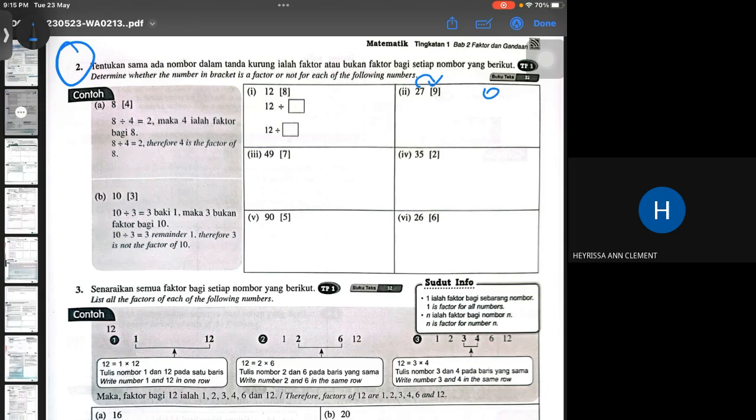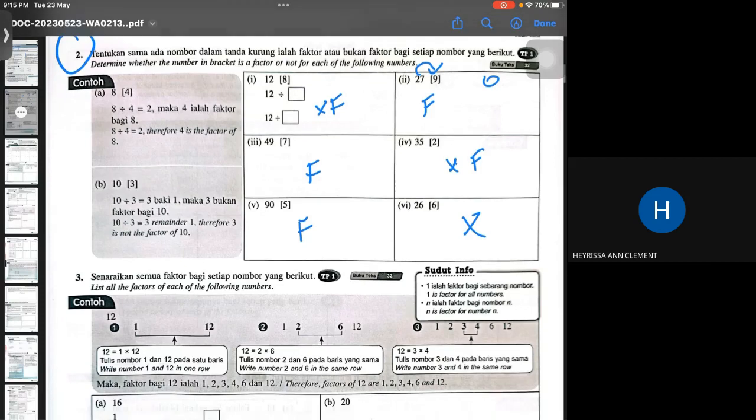Okay, number 1 is not a factor because we will get the balance. And number 2 is a factor. This one is not a factor. This one is a factor, and this one is not a factor. This one is a factor, and this one is not a factor. Just divide the number with the number in the bracket.